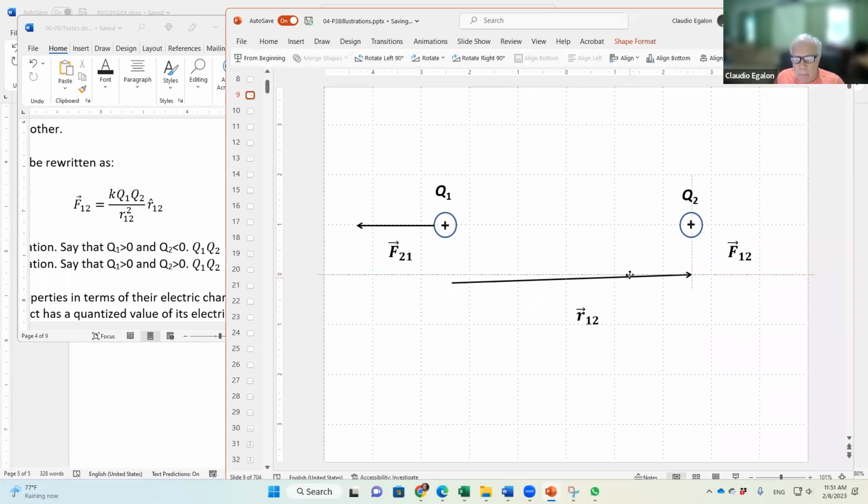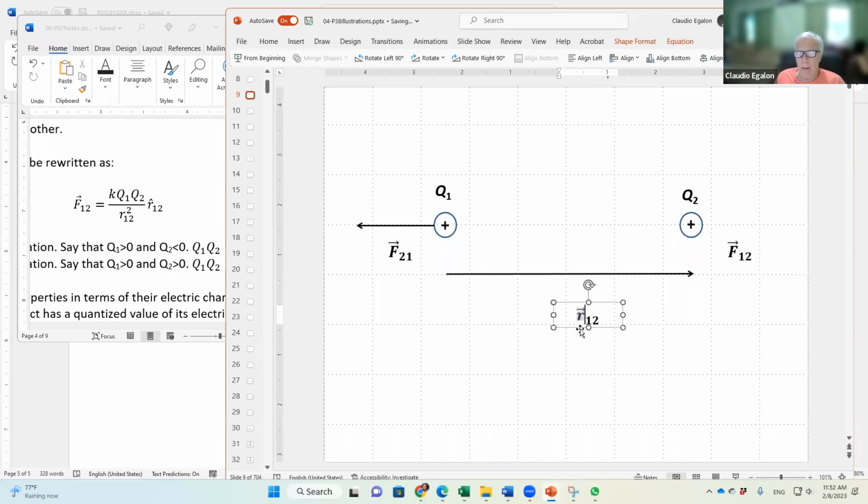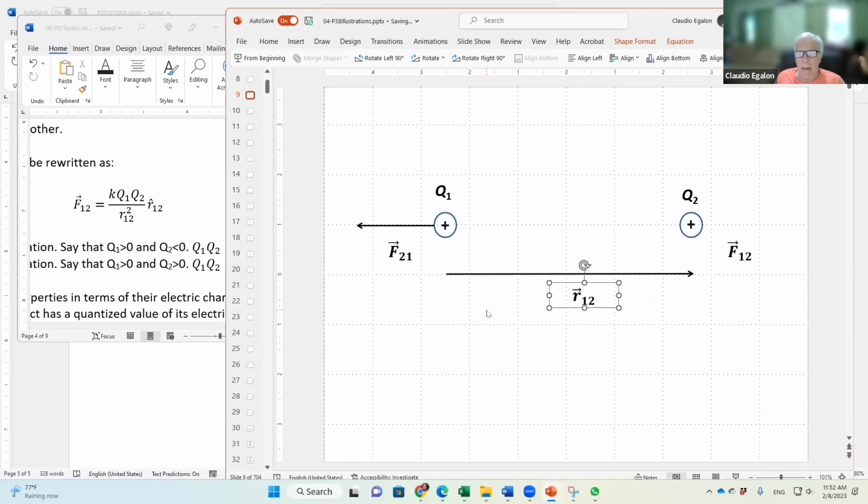My vector is completely crooked, right? Here you go. Can you see that? From the center of charge 1 to the center of charge 2. Consequently, the hat vector r12 hat is also going to point toward the right.